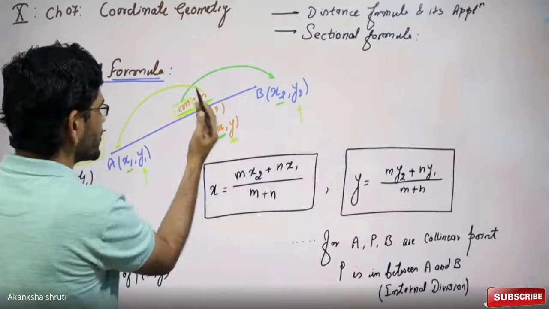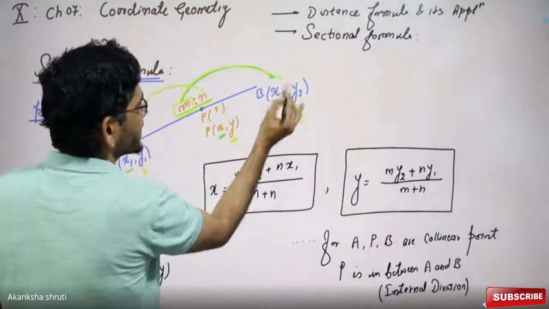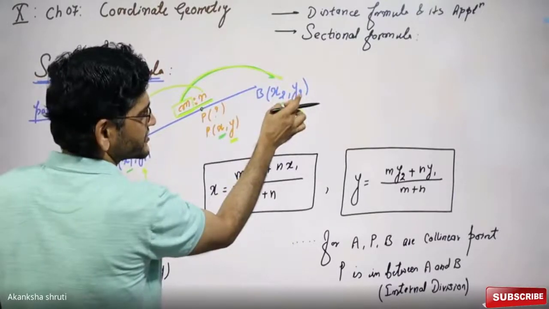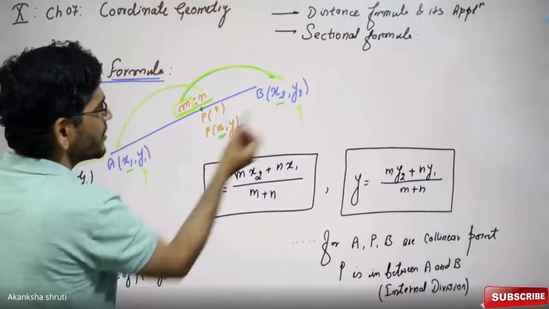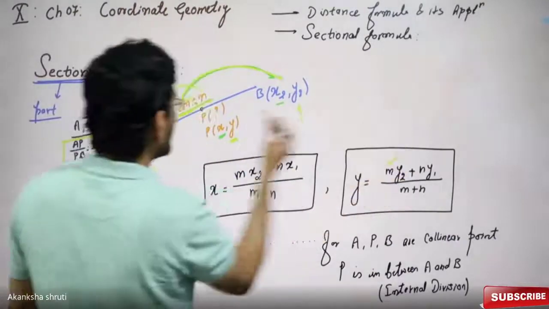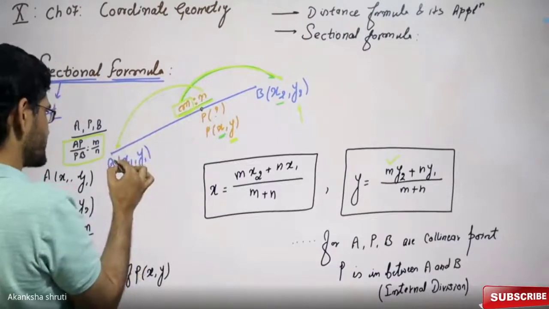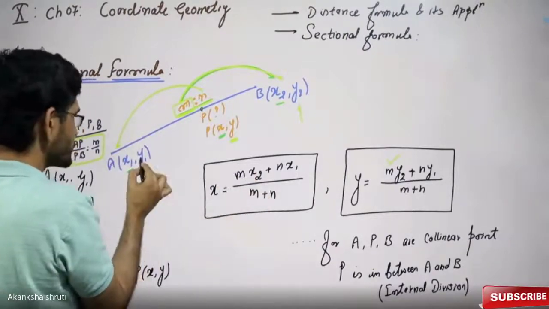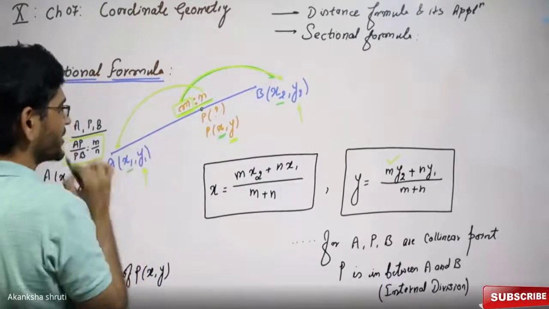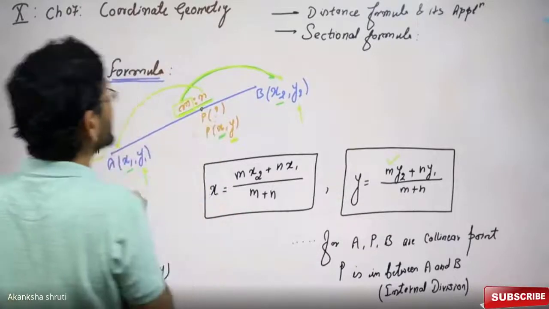So m is on the left hand side, we need to go on the right hand side, but this is relating to y, so y2. So it will be m y2 plus, then take this n, come on the first side, we are writing the y coordinate, so n y1 whole divided by this m plus n.